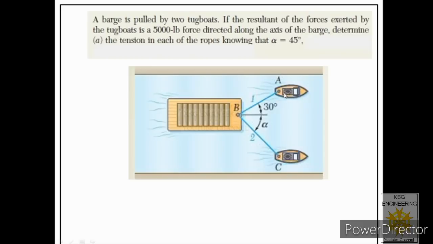You can see these two tugboats are connected to the barge with the help of cables, or we can say ropes. So it means if these two tugboats are moving towards the right and pulling this barge, there is some tensile force, or I should say tension, in these two ropes.